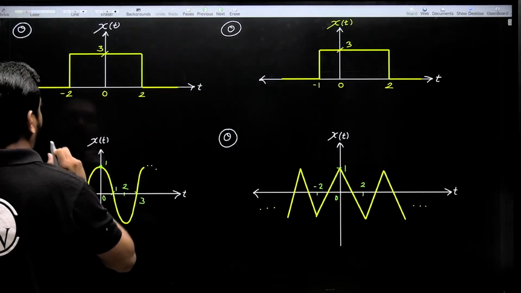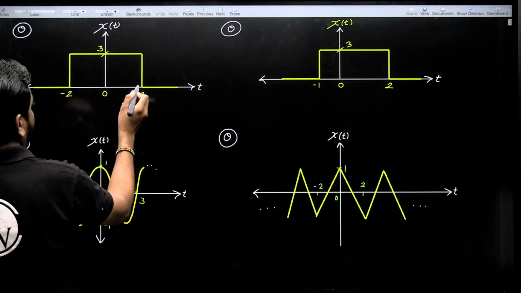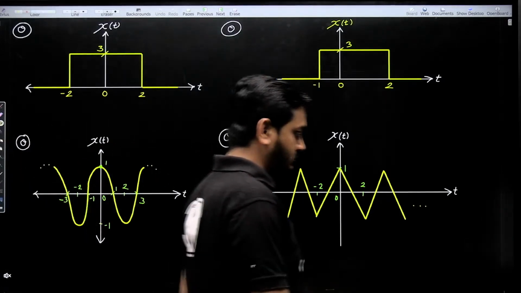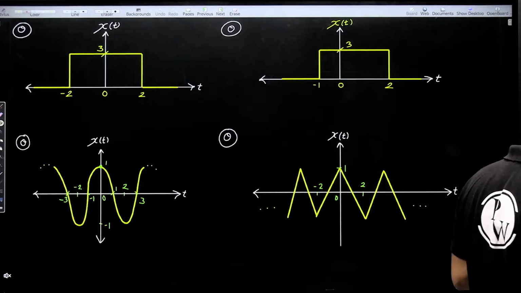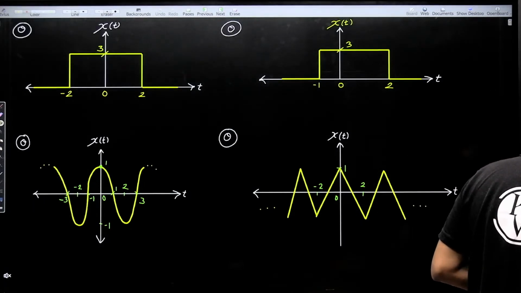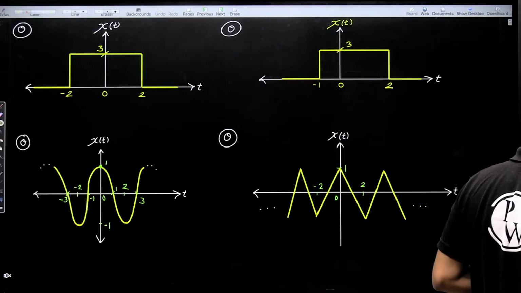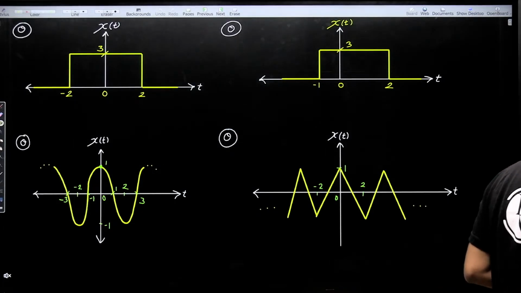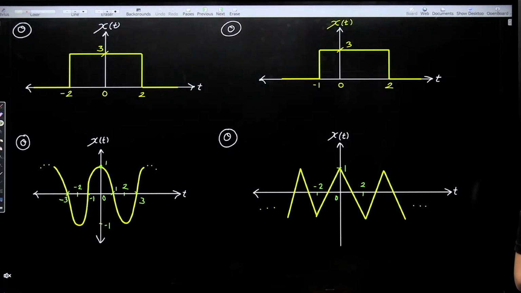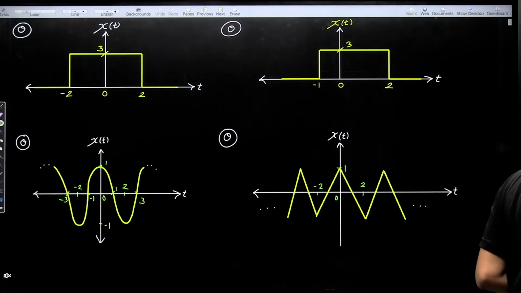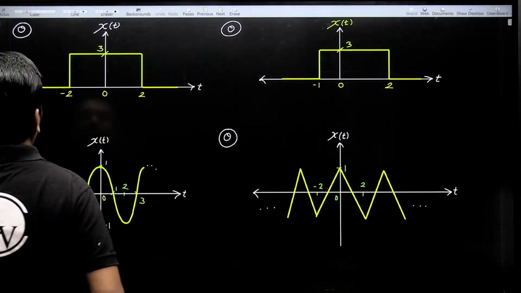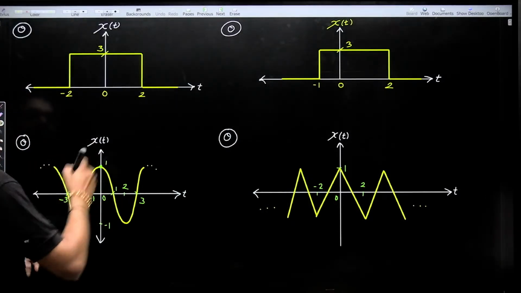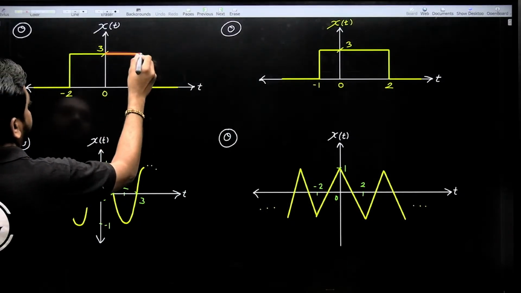folding with respect to the y-axis. If you do the folding with respect to the y-axis, then this is between 0 and 2.